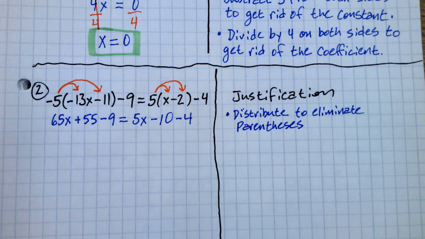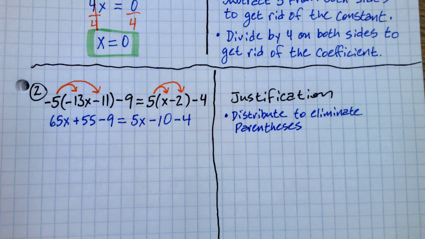Okay. So we're going to distribute to eliminate parentheses. Okay, so boom. Distributed, no more parentheses. Let's see what we're going to do next. What did it say last time? What did we do after that?